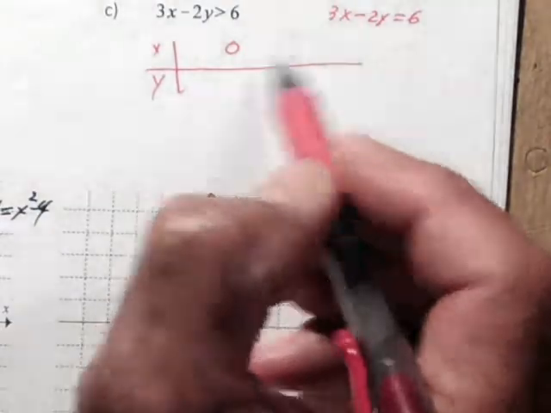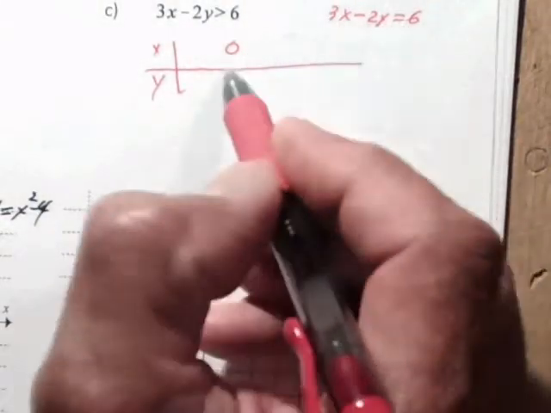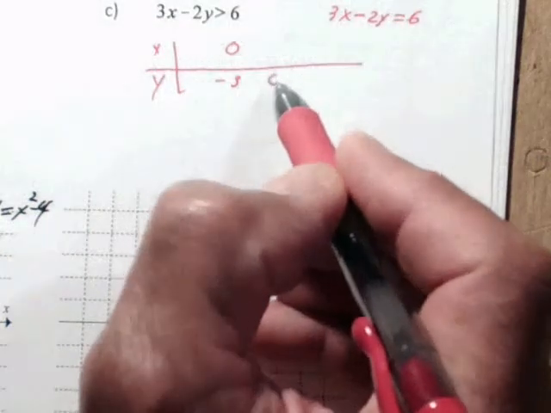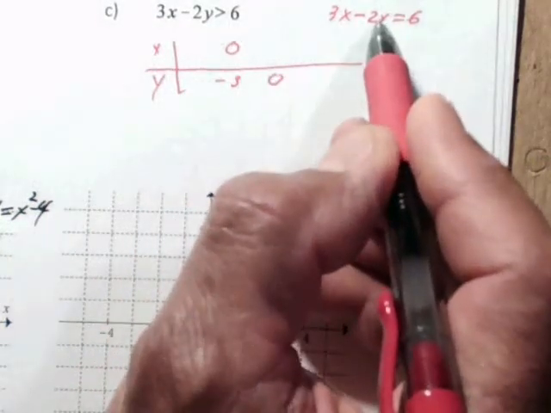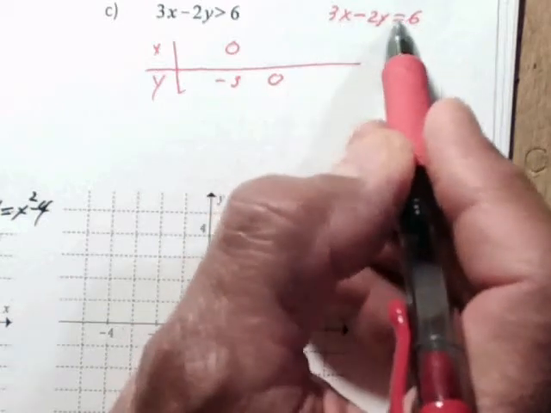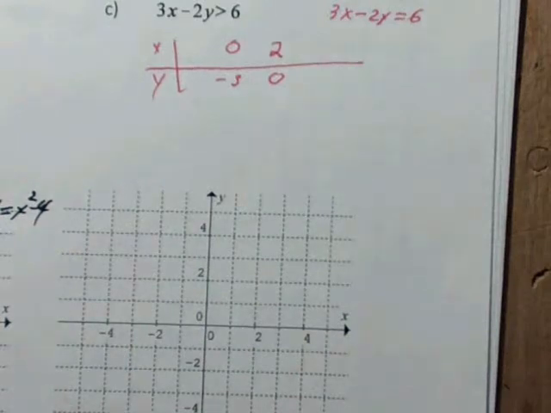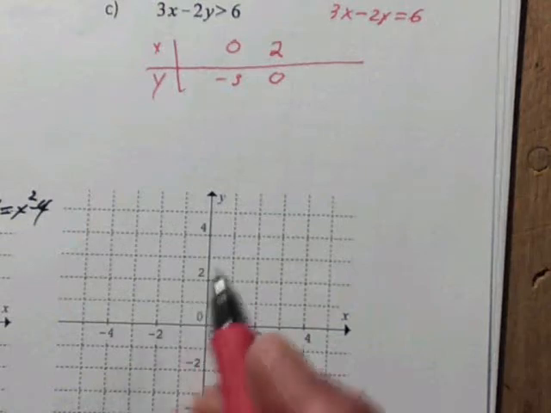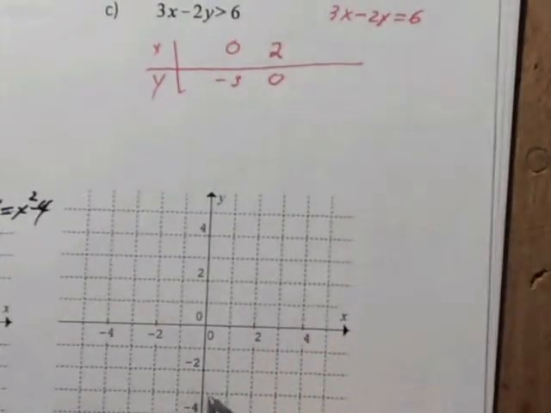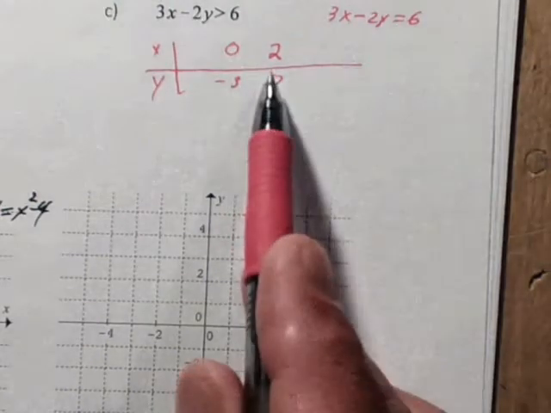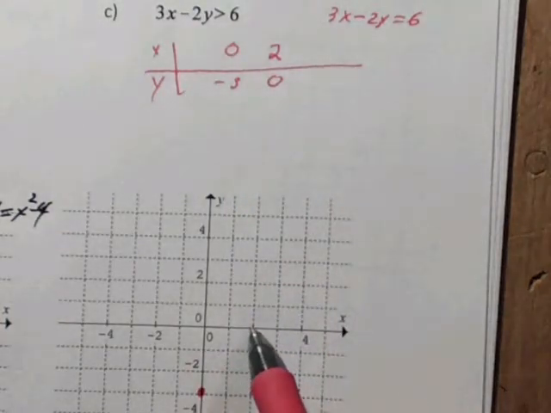If I put 0 for x, I get y equal to negative 3. Another easy point is when y is 0. Then I have 3x equal to 6, so x is 2. These two points are easily plotted: 0, negative 3 is right here, and 2, 0.